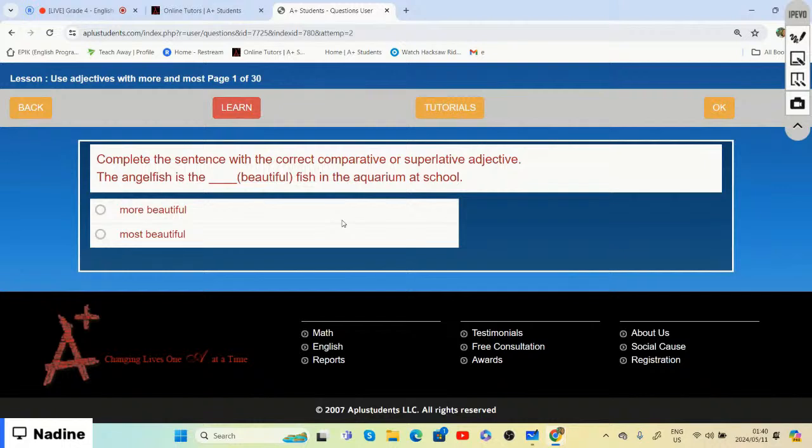So the angelfish is beautiful. Clearly beautiful has got more than one syllable. So the angelfish is beautiful fish in the aquarium at school.